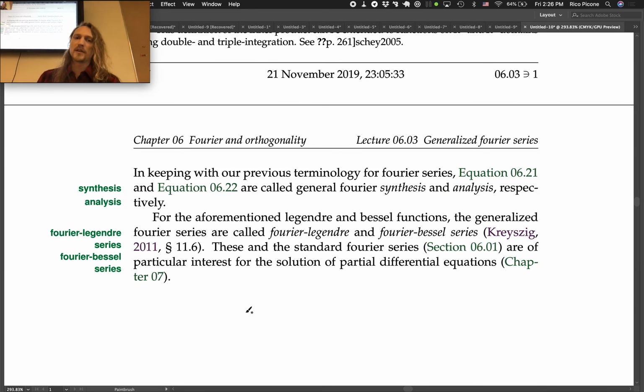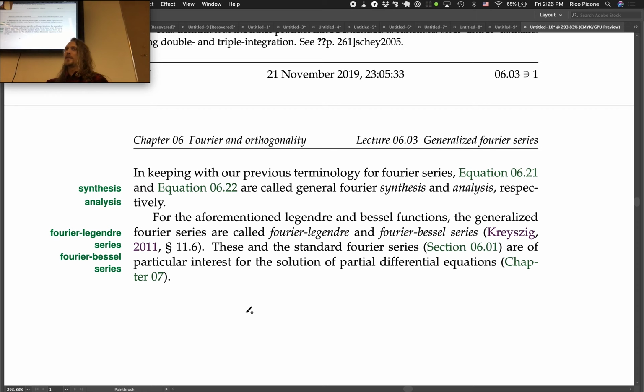For the aforementioned Legendre and Bessel functions, the generalized Fourier series are called the Fourier-Legendre and Fourier-Bessel series. These and the standard Fourier series are of particular interest for the solution of partial differential equations, which is in chapter 7 that we're going to go to next. So that's our next topic now.